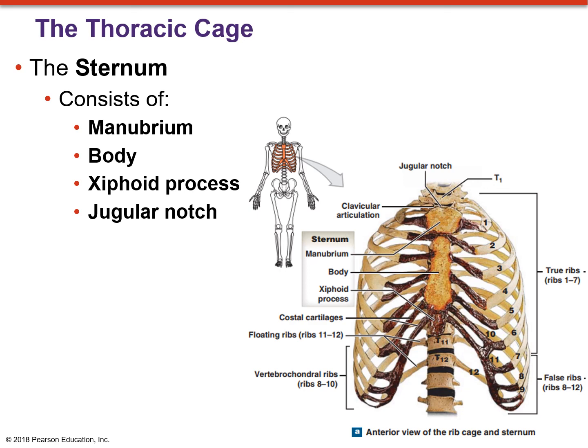Individual costal cartilages from ribs 2 through 7 are attached to this portion of the sternum, and rib pairs 8 to 10 are also attached to the body, but by a single pair of cartilages shared by rib 7, as you can see right there.